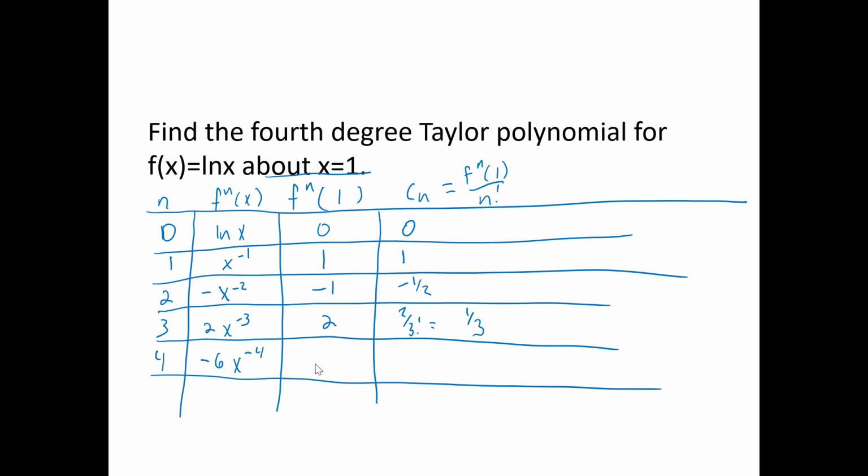When you plug in 1, 1 to any power is 1, and so you get -6. And so then you get -6 divided by 4 factorial. Now, 4 factorial is 4 times 3 factorial. Notice that this 6 right here came from bringing down the 1, bringing down the 2, and then bringing down the 3. So this is 6 factorial.